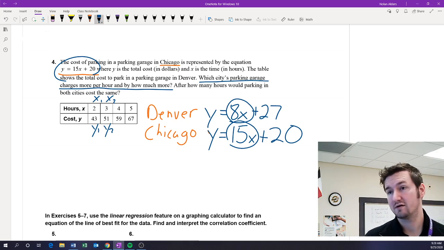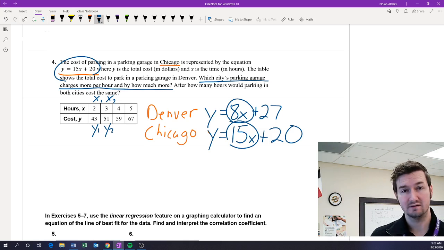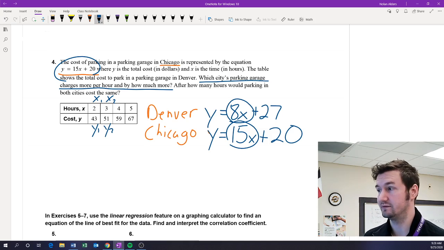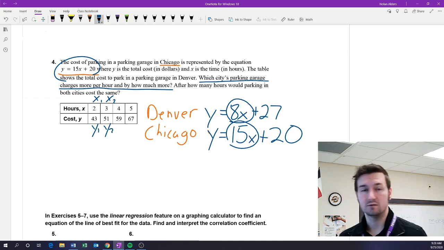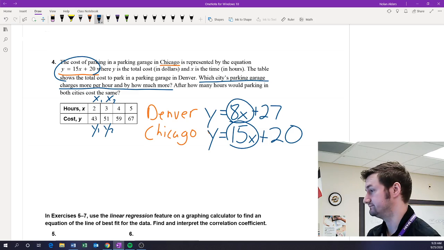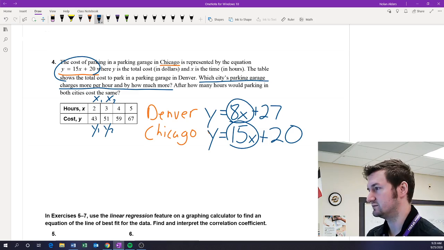So which city's parking garage charges more? Obviously, $15 per hour is more than $8 per hour. So Chicago wins the most expensive one. And by how much more? Well, the difference in 15 and 8 would just be 7, right? So Chicago is $7 more expensive.